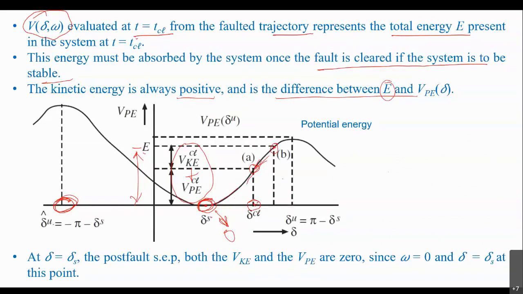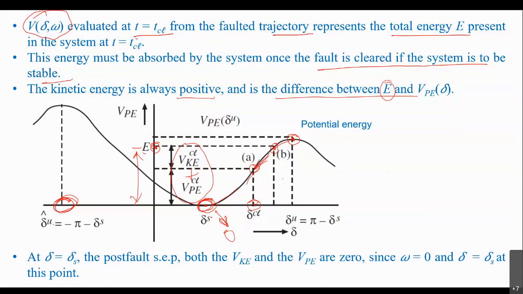It will gradually increase further till the unstable equilibrium point, where it will be the maximum. And here we can see the total energy is this much, and if this total energy is greater than this Vp delta U, obviously it becomes unstable. So if your total energy is less than Vp delta U, then your system is stable.